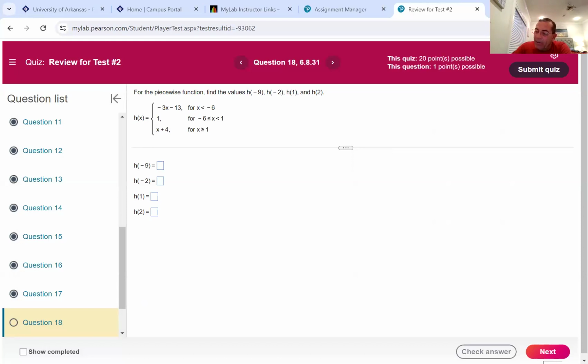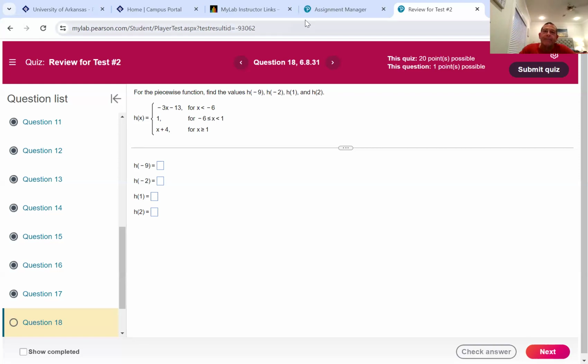And I got H of X, and what I got? 3 equations: negative 3x minus 13 for any x less than negative 6, it equals 1 for negative 6 less than or equal to x less than 1. And then it equals x plus 4 for any x's greater than or equal to 1.